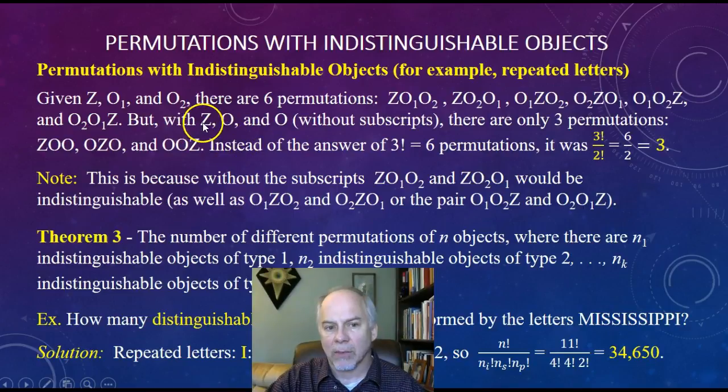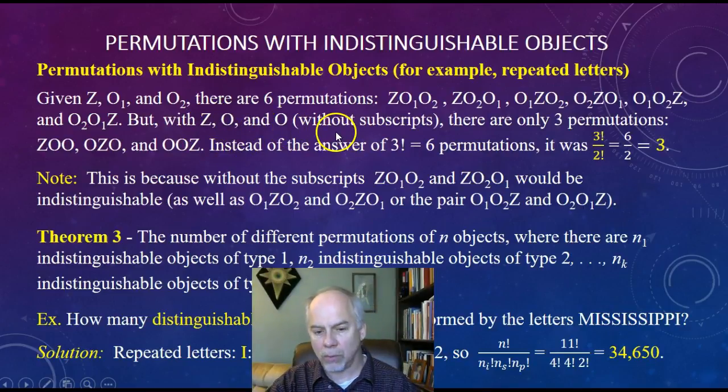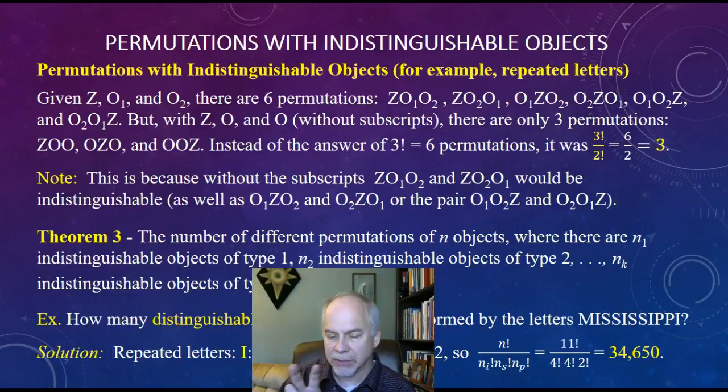But with ZOO, without using the subscripts on the O's, there's only 3 permutations. And here they are: ZOO, OZO, and OOZ. Okay, so you only have 3. Now, we had to divide by 2 factorial, because for each of those arrangements, like Z O1 O2 and Z O2 O1, now the O's are indistinguishable.